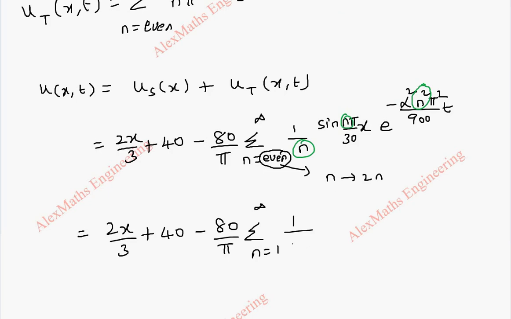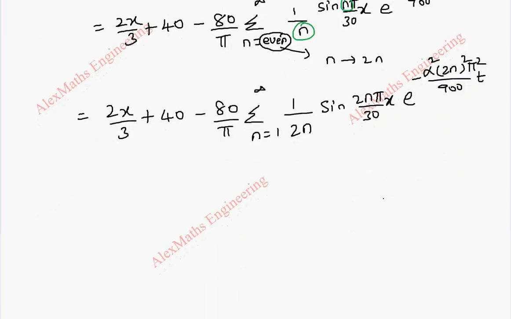So this will become 1 by 2n sine 2n pi by 30x e power minus alpha square 2n whole square. Then we have pi square by 900 into t. We can cancel this 2 and this, it becomes 40.